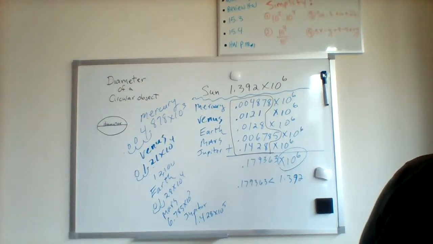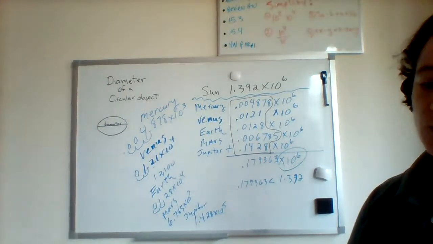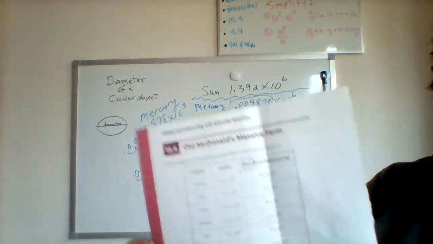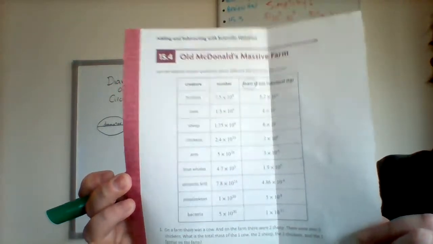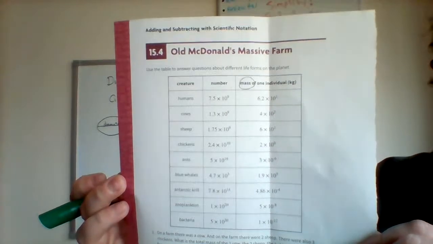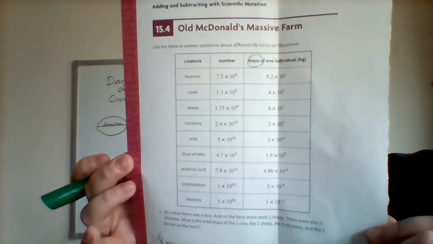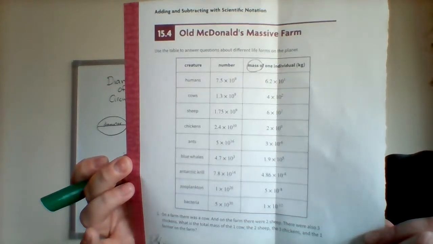I'd like to move on to 15.4, if you guys are okay. If not, you can stop me. But 15.4 looks like this. Old MacDonald's massive farm. Not just a farm, but a massive farm. And I think they're trying to be funny.